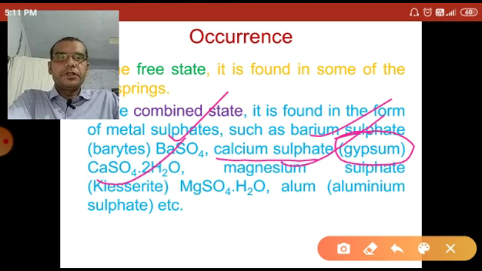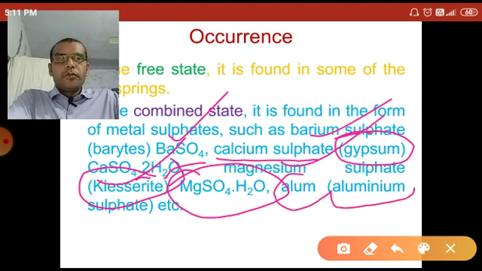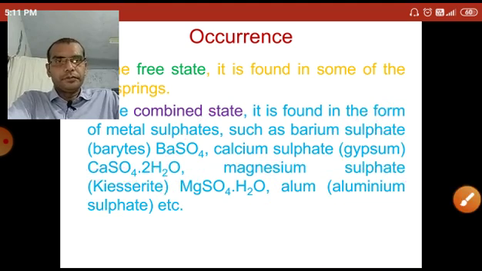Magnesium sulfate, MgSO4.H2O. And alum, the chemical formula of alum is potassium aluminum sulfate with 2H2O. So in the combined state, generally sulphuric acid is found in the metal sulfate form.